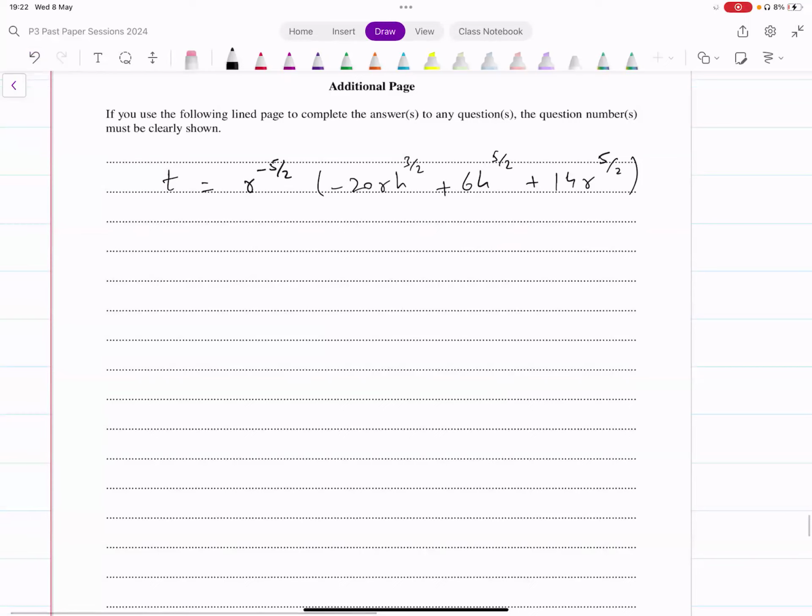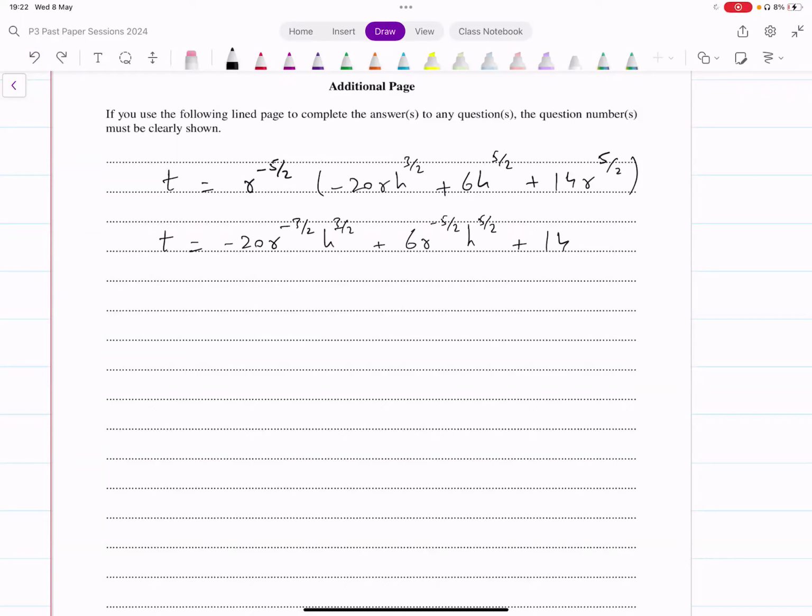You could simplify this. You could multiply that r inside if you wanted. If you do that, it becomes minus 20 r raised to the power minus 5 over 2 plus 1. That's minus 3 over 2 into h raised to the power 3 over 2 plus 6 r raised to the power minus 5 over 2 into h raised to the power 5 over 2 plus 14 into r raised to the power this into r raised to the power this.